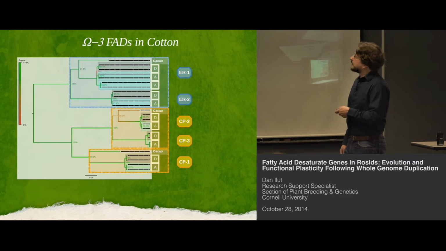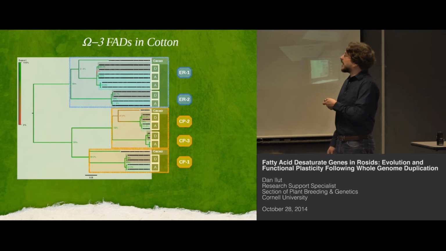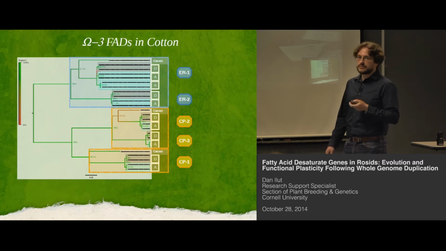And again, there is a D copy, both from the wild and the polyploid. There's an A copy, both from the wild and the polyploid. So all of this predates even the split of the A and D genome. So we can collapse them into 5 main genes, 2 for ER and 3 for the chloroplast.